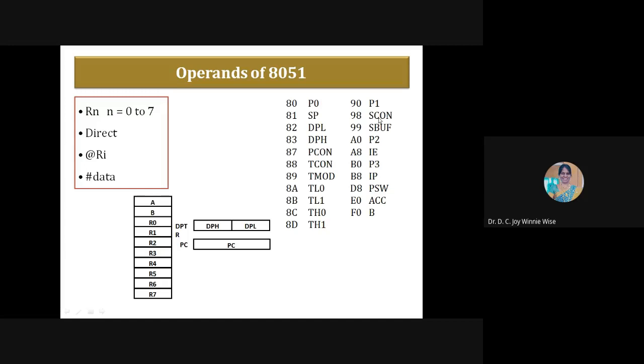Then to control the serial data transfer, we have the serial control register and serial buffer register, and port 2, P2. Next is the interrupt enable register, port 3, and the interrupt priority register. Then we have the program status word, the accumulator and the B register. So these are the operands available in 8051.